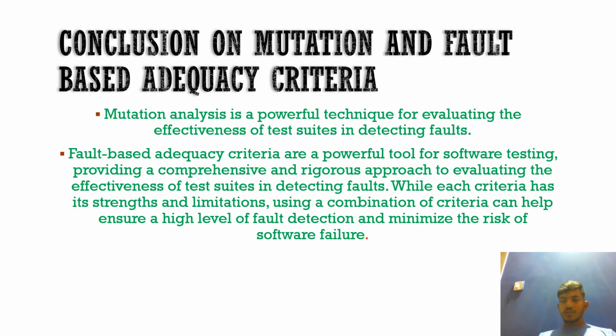Next, we come to the conclusions on mutation and fault-based test adequacy criteria. Mutation analysis is a powerful technique for evaluating the effectiveness of the test suites in detecting faults. Fault-based adequacy criteria is a powerful tool for software testing. Mutation is a small change we make in the code, whereas fault-based testing is a tool to test the code, providing a comprehensive and rigorous approach to evaluating the effectiveness of test suites in detecting faults.